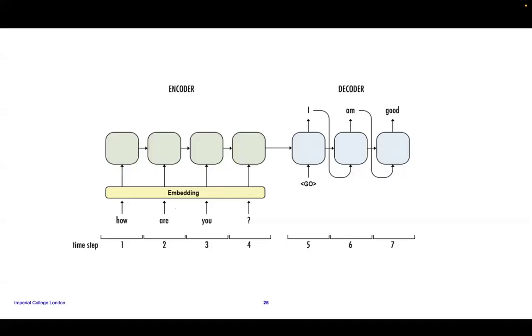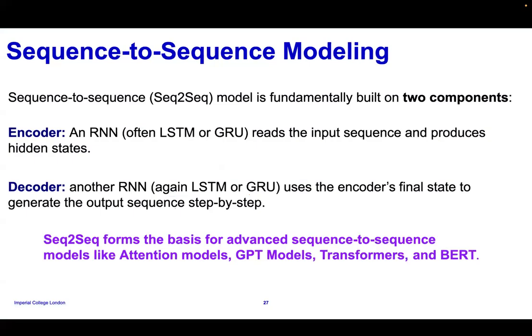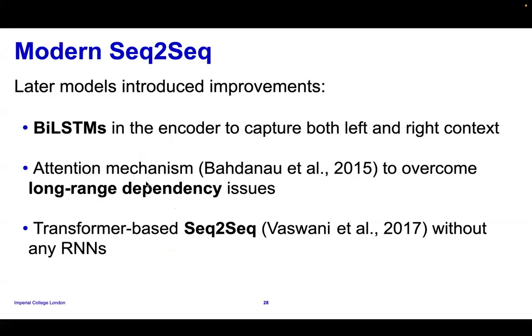So the new thing that was introduced to solve the issue of long-term dependency is what we call the attention mechanism. It basically overcomes the long-range dependency issue. So if you have a sentence, even if it is very long and LSTM architecture cannot solve that issue, the attention mechanism now solves it. And the attention mechanism was introduced in 2015.